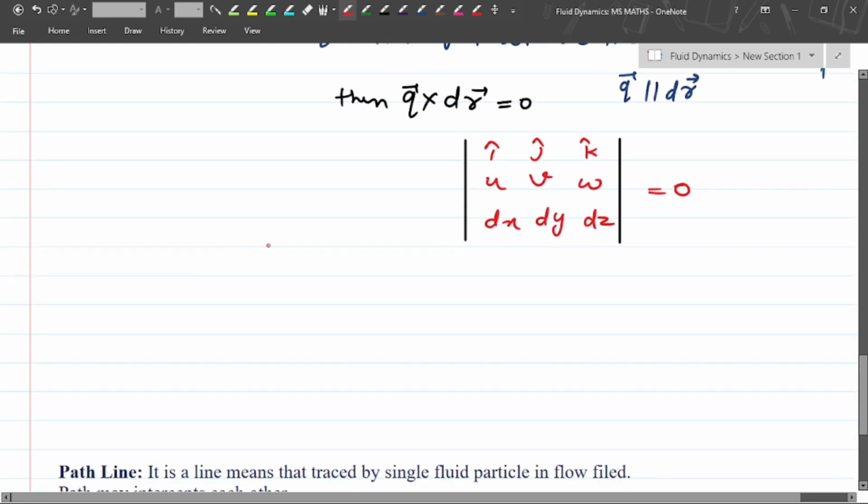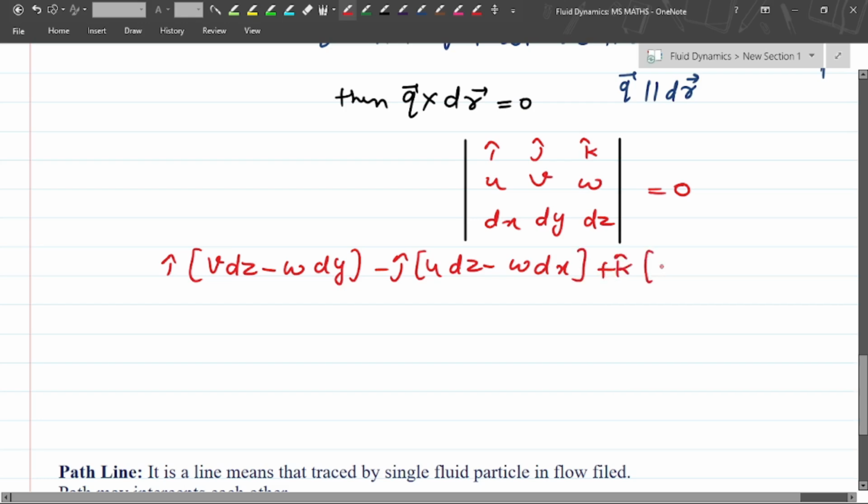Next, we'll solve it. So we'll get i cap into (v dz minus w dy), minus j cap (u dz minus w dx), plus k cap (u dy minus v dx), is equal to 0. I hope you all know how to expand the determinant.